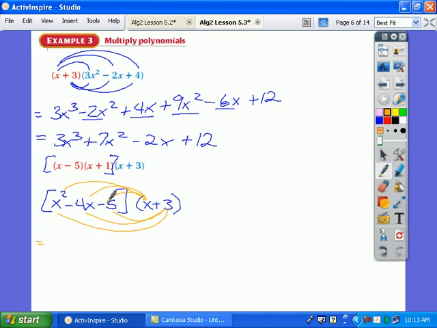So here we go. X times x squared, x cubed. X times minus 4x, minus 4x squared. X times minus 5, minus 5x. 3 times x squared, 3x squared. 3 times minus 4x, minus 12x. 3 times minus 5, minus 15.